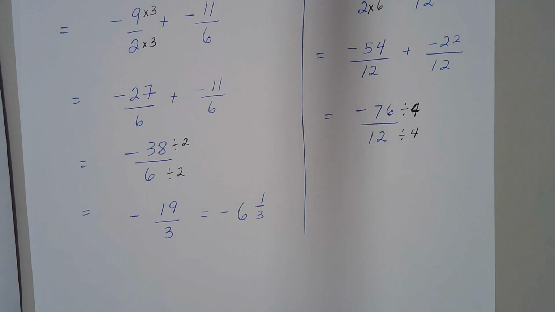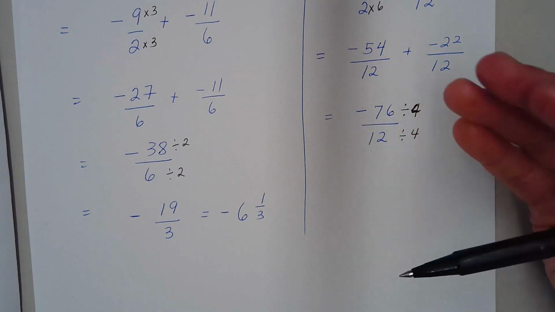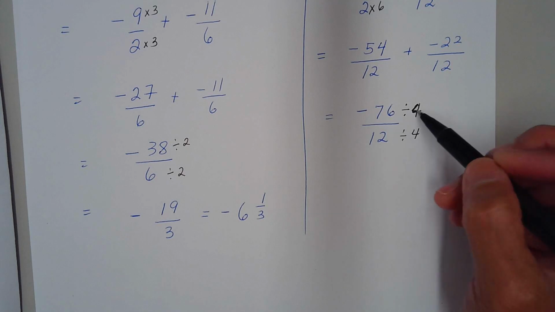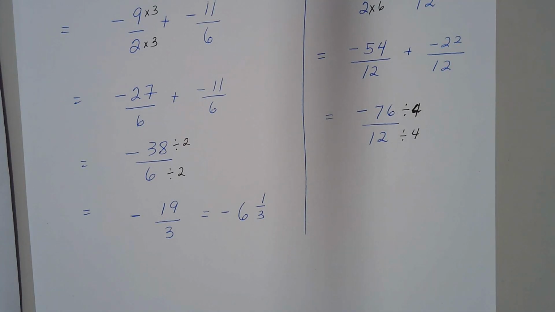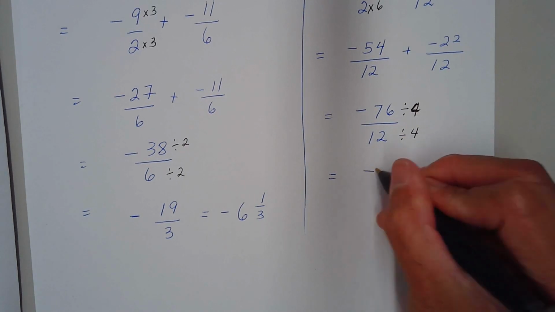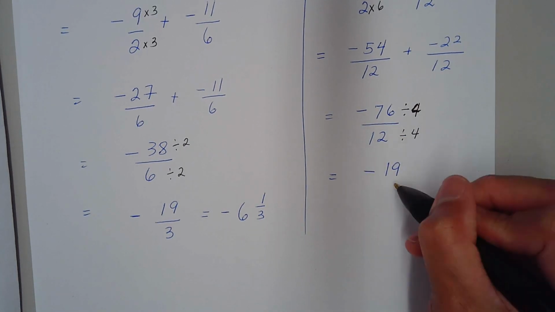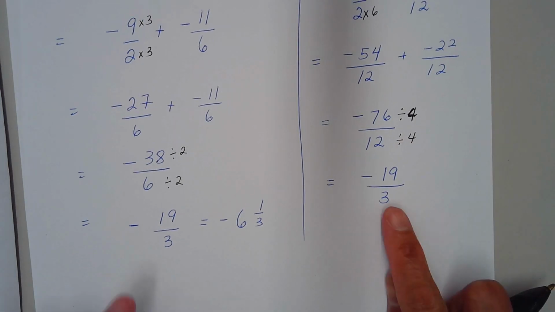I was thinking, oh, they're both even, I could divide by 2. I could do that, and then it can still be reduced by another 2. But if you recognize that it could be divided by 4, it's going to be negative 19 over 3. So you get the same answer.